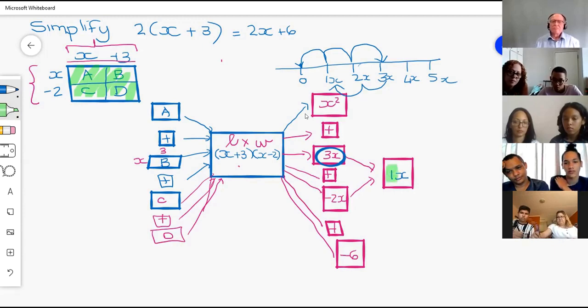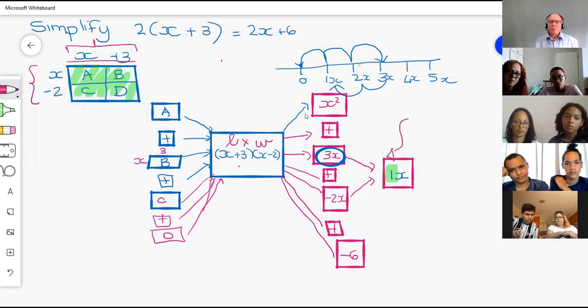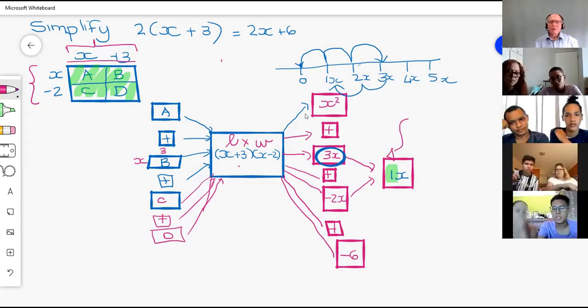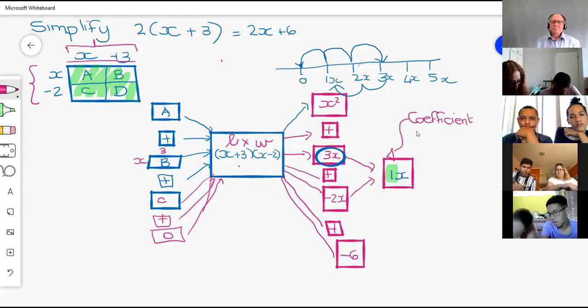But the value of that term will change, so it can't be a constant. There's a different name. Anyone that can help? Is it a coefficient? That's a coefficient. So the one is the coefficient. Okay, you guys with me?